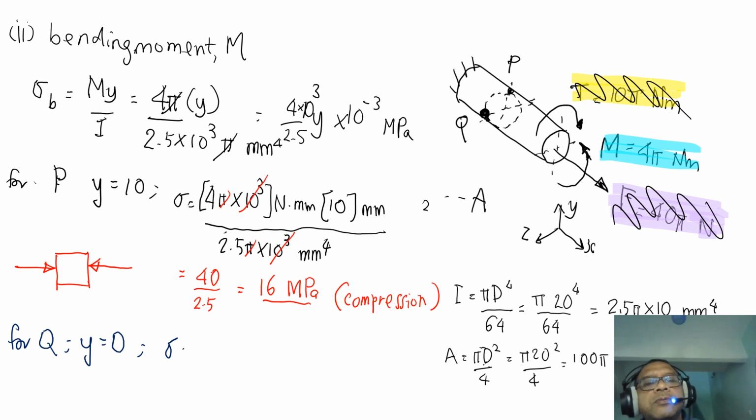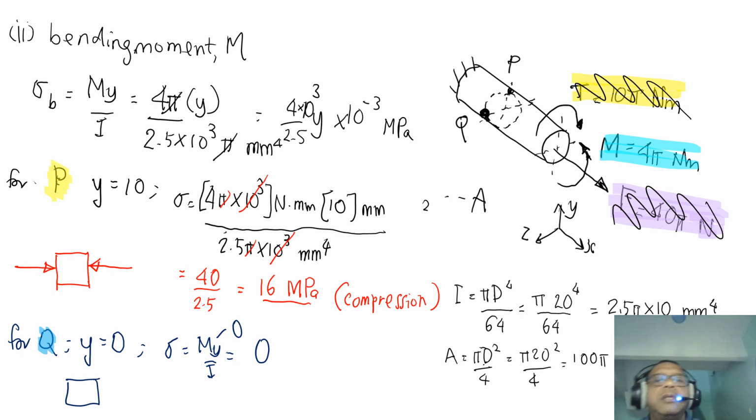Okay, so sigma equals to My over I, because y is 0, it becomes 0. So I can draw the differential element just like that. There's nothing there. So this is for Q, and this is for P. Okay, so we have the answer for bending moment.